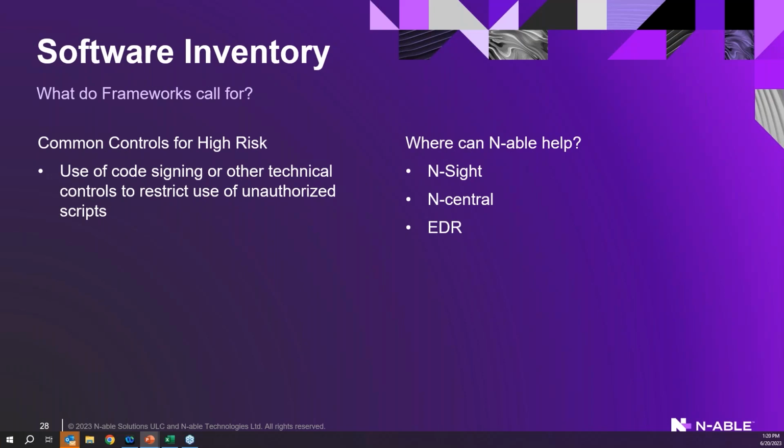And also EDR, because it has components in it that monitor command line inputs, PowerShell, VBS scripts, and things of that nature. They're also monitoring those for malicious activity, a further additional compensating control to improve what this is asking for. Don't allow weird, unknown PowerShell scripts to run in your environment that are going to cause damage.